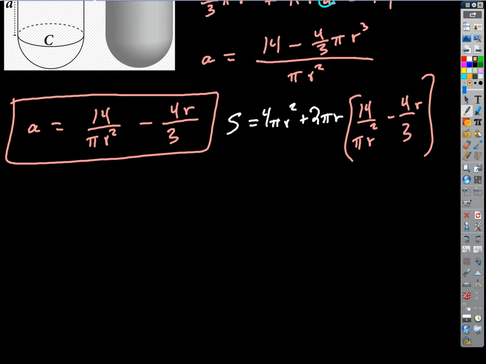Okay, good. So S equals 4 pi r squared. So if we distribute then, what are we going to get?